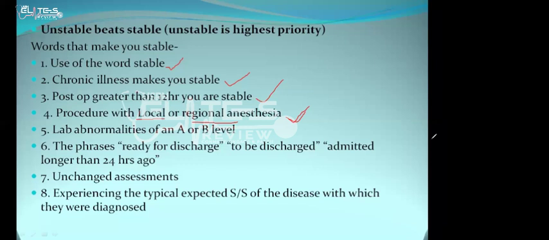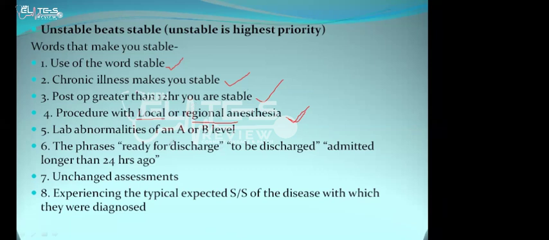At the initial stage, you don't normally have control over your respirations. So when you are coming out, you have to be monitored. And this is not the work of the LPN or the UAP. It is the RN who is supposed to do all of this work. That is why people who undergo procedures with local or regional anesthesia are not considered unstable.